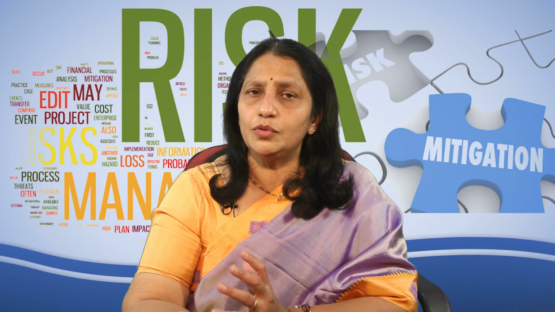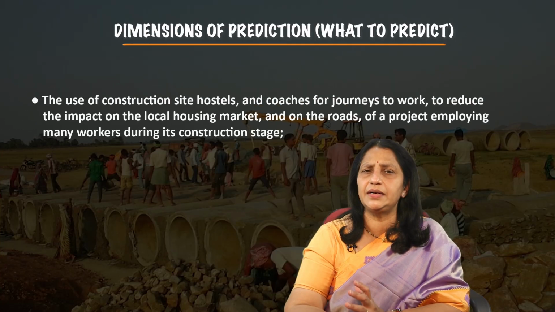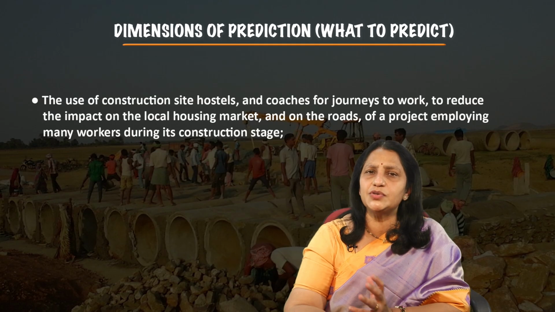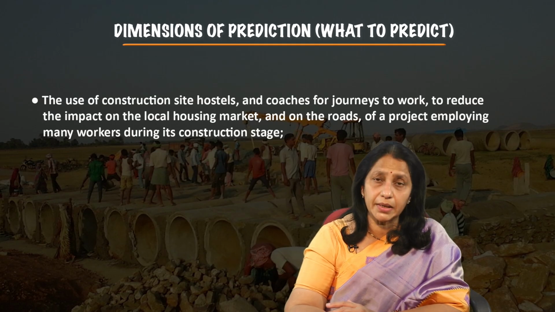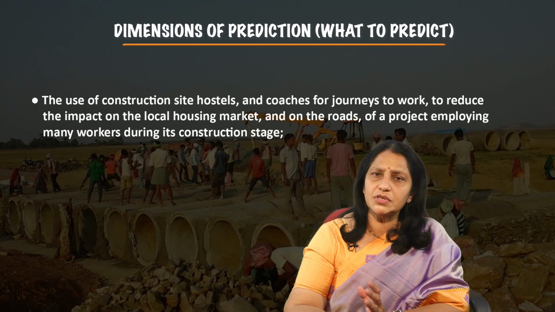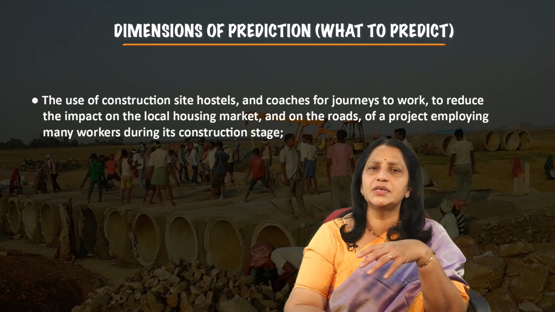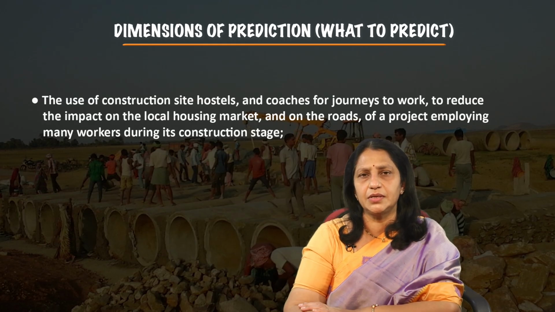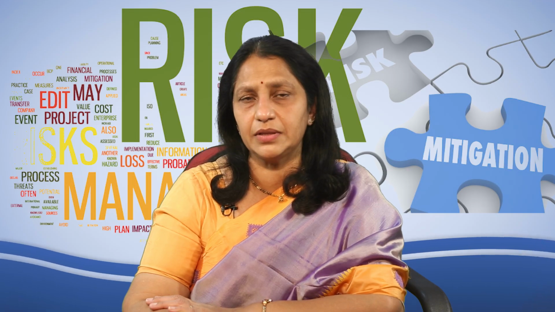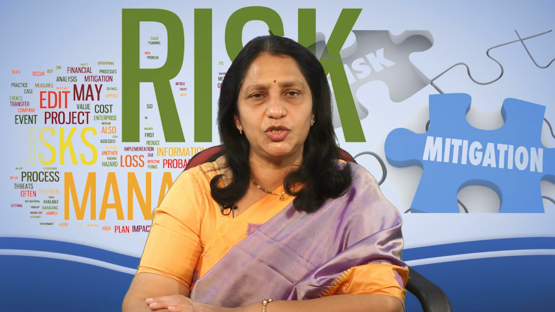We can also use construction site hostels or coaches for journeys to work to reduce the impact on the local housing market and on the roads of a project employing many workers during its construction stage. So for those people, we have to make staying arrangements.